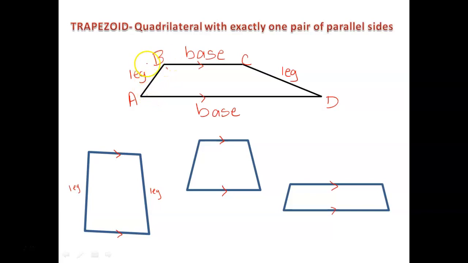If you were to extend these two lines, the two bases, and we talked about the same side interior angles being supplementary, it's the same thing, okay? So A and B will add up to equal 180 degrees. C and D will add up to equal 180 degrees.